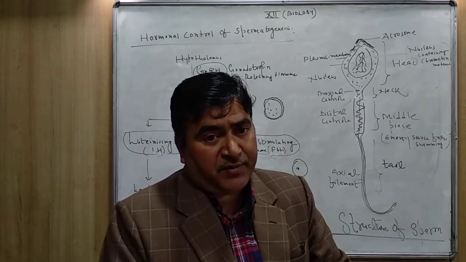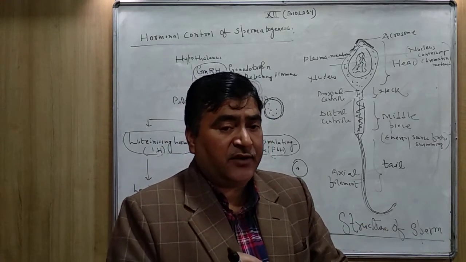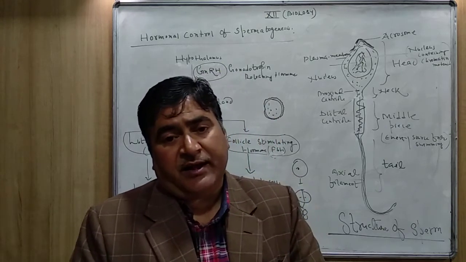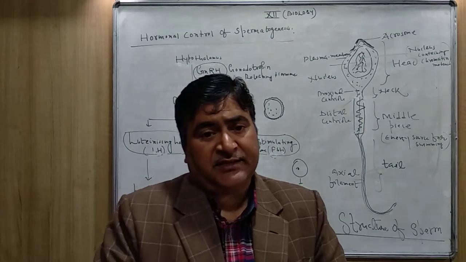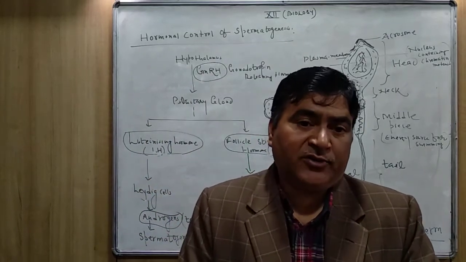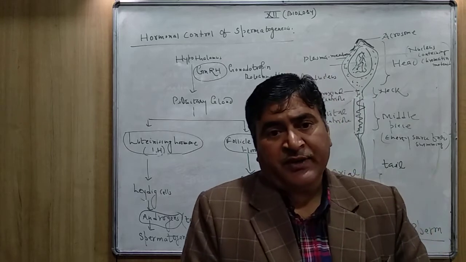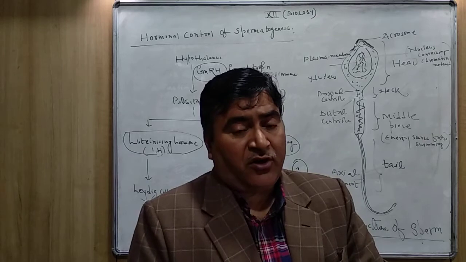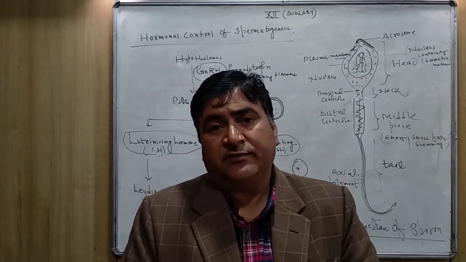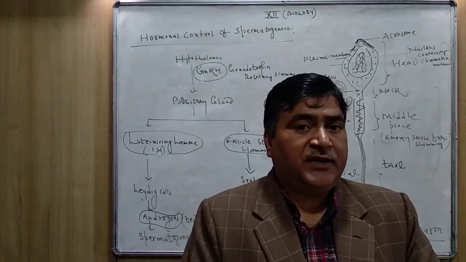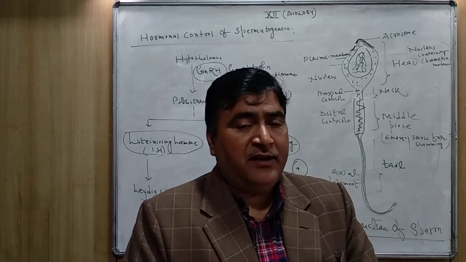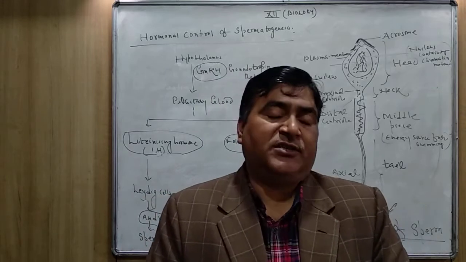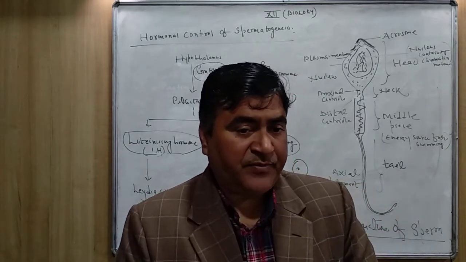Head is the main part which contains the nucleus. The head at the apex has a cap-like structure called acrosome. Acrosome is formed by Golgi apparatus and is filled with hydrolytic enzymes. It ruptures the limiting membrane of the ovum and facilitates the process of fertilization.